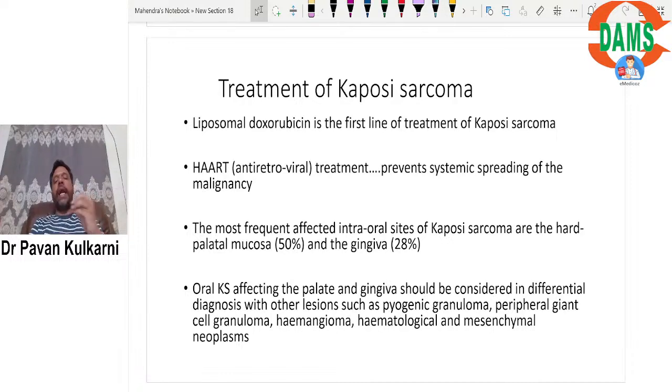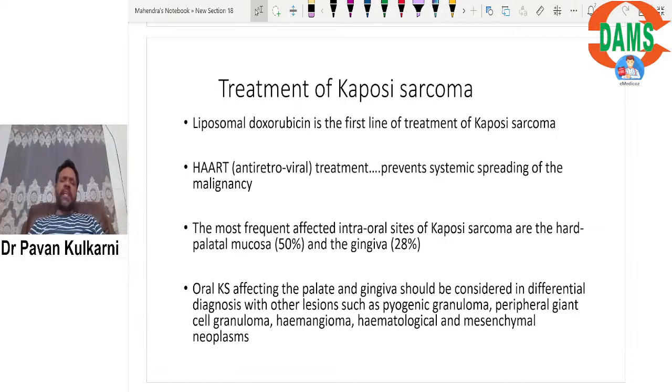Doxorubicin is the first line of treatment for Kaposi sarcoma. You also give highly active antiretroviral treatment, HAART, to prevent the spread. The Kaposi sarcoma should not spread, so HAART is given.